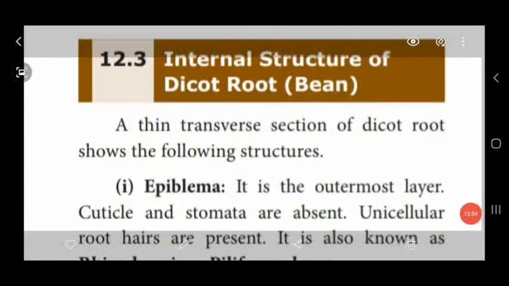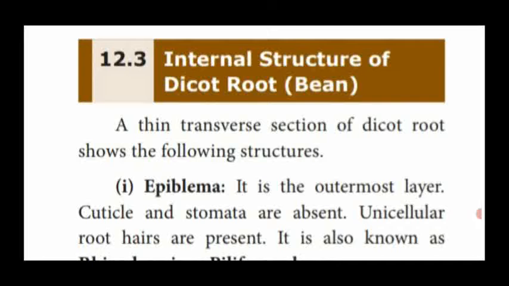Dear students, up to this we have seen what is epidermal tissue system, functions of epidermal tissue system, what is ground tissue system, what is vascular tissue system and their types, that is conjoint vascular bundle, collateral vascular bundle, bicollateral vascular bundle, then conjoint collateral vascular bundle again divided into open type and closed type.